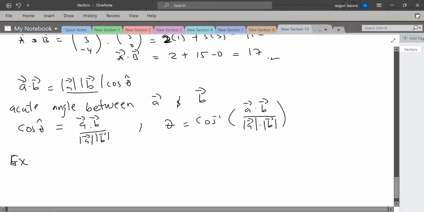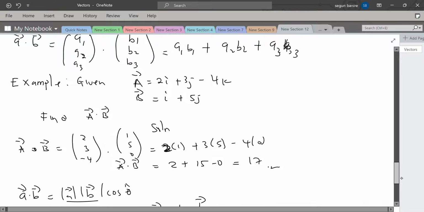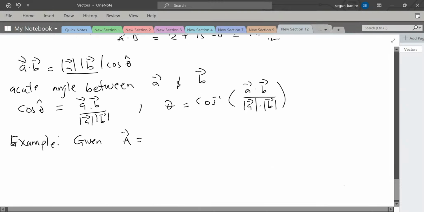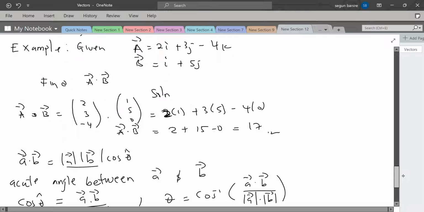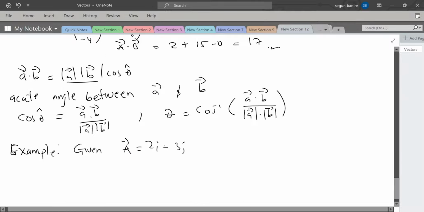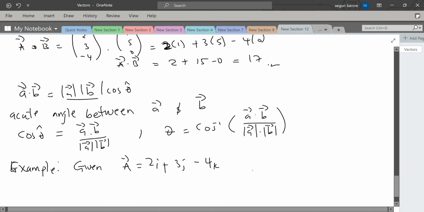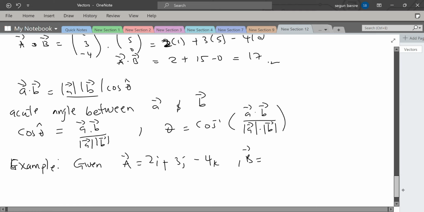So, example. Given A and B, we can use the previous A we've used before, which is 2i plus 3j minus 4k, then B is equal to i plus 5j.